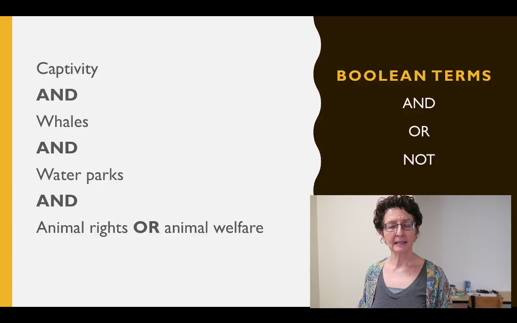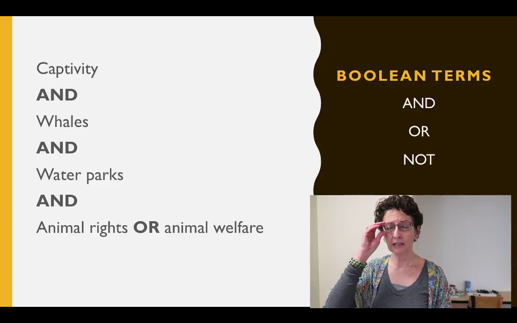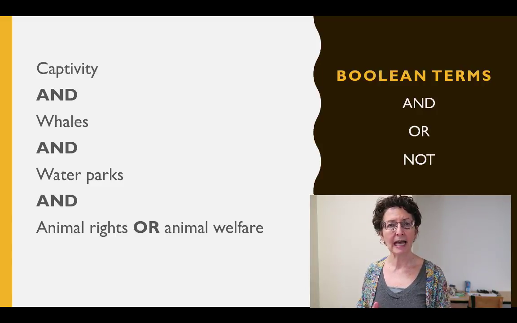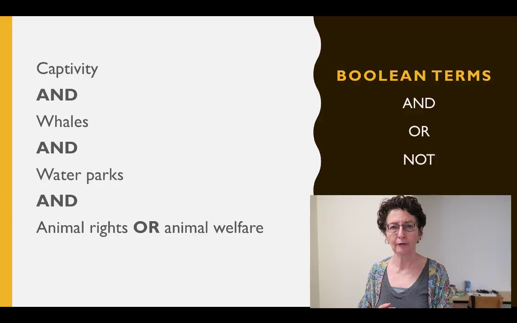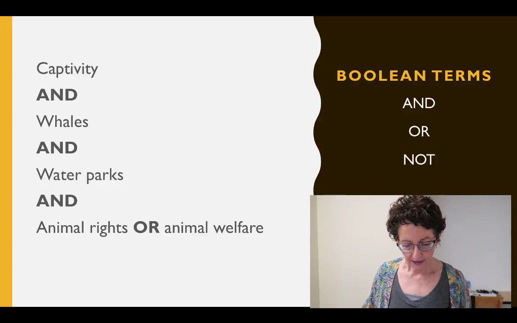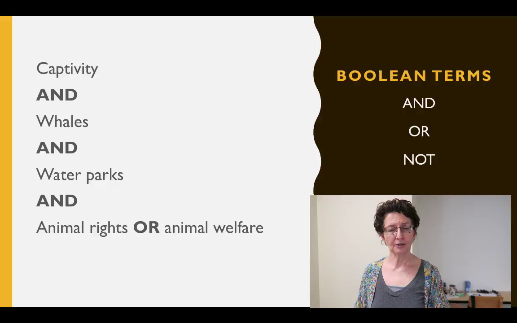And then AND is in all caps, and that's how you do the Boolean search terms. So I've said I want the library to give me results on captivity and whales and water parks and animal rights or animal welfare. So that's how you create a search string.